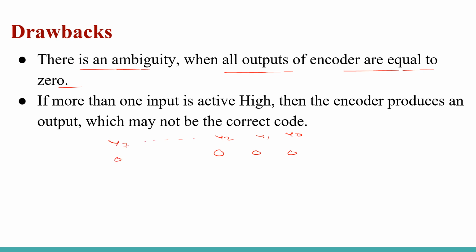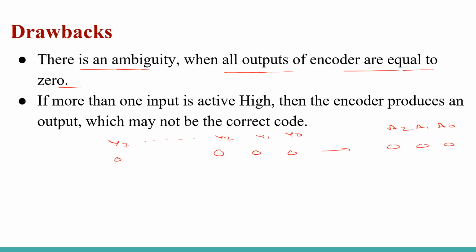If the all-0 case is there, then the corresponding binary is represented like this: A0, A1, A2. Sometimes we don't want anything. So the nothing case and the all-0 case are intermixing, therefore the ambiguity appears here.